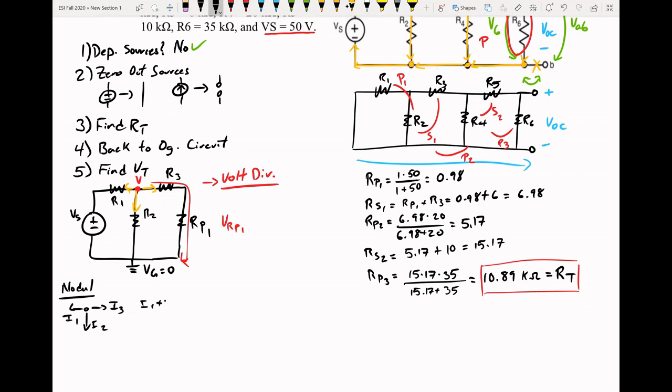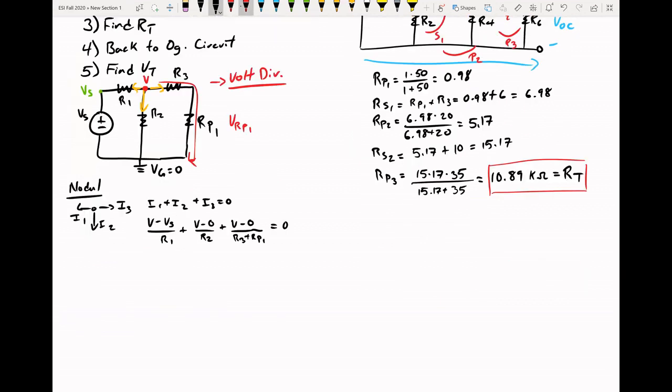So I1 plus I2 plus I3 is equal to 0, where I1 is going to be V minus, we actually know the voltage right here, it's going to be V of S, so V of S over R1 plus I2 is going to be V minus 0 over R2 plus V minus 0 over R3 plus R parallel 1, because it's the total resistance of that branch.